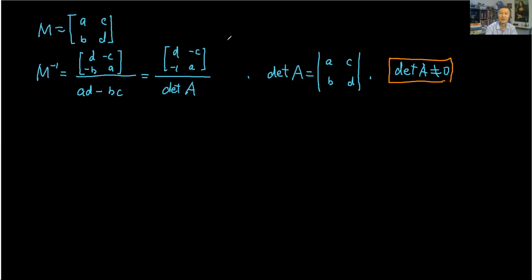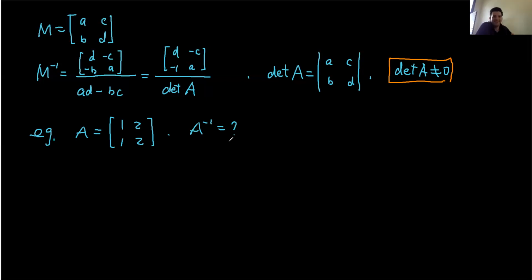So first of all, what would happen? Let's go to an example. This may help you to pass your linear algebra course. If A equals 1, 2 on one row, and 1, 2 on the other, does the inverse exist? No. Why? Zero determinant.